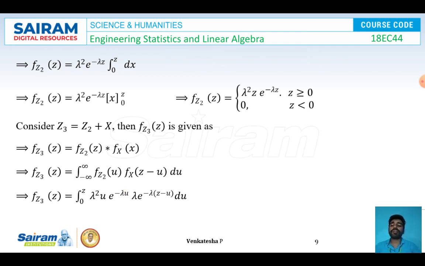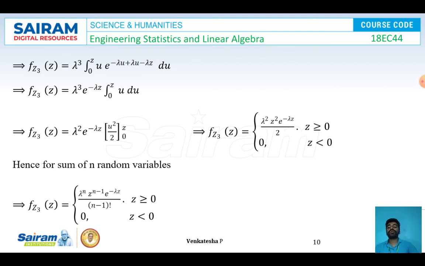I got the expression f_Z3(z) is equal to lambda cube integration 0 to z of u e power (minus lambda u plus lambda u minus lambda z) du. So I can cancel lambda u here, and I will be getting e power minus lambda z, which is a constant I can take outside. I got f_Z3(z) is equal to lambda cube e power minus lambda z times integration 0 to z of u du.